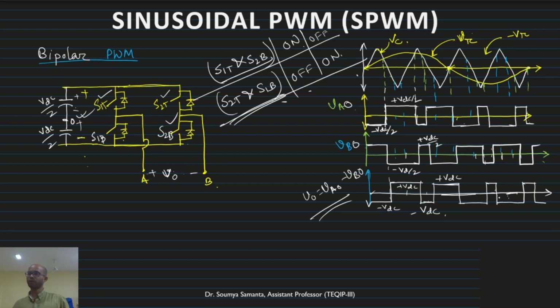So from this we can understand that if I find the average voltage over this time, most of the time this is on, so the average voltage will be more, and after that it will be shifted slightly, from here also it will be shifted.